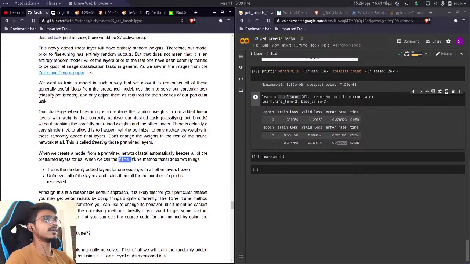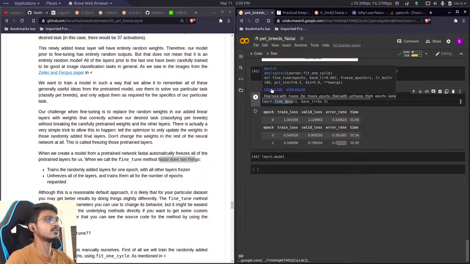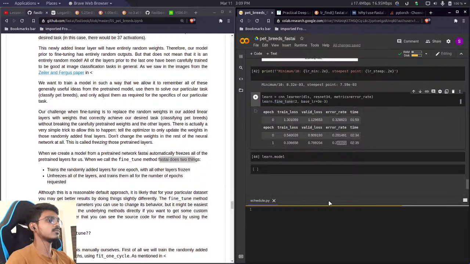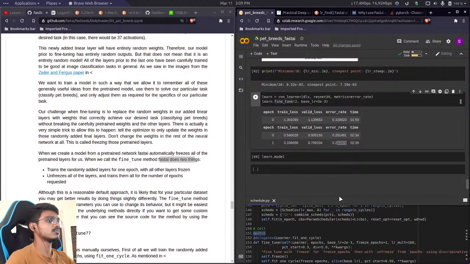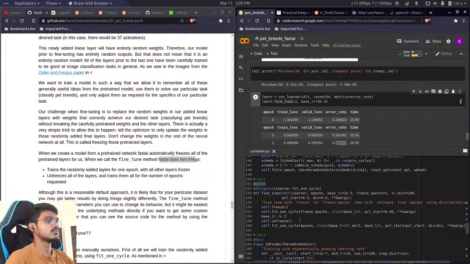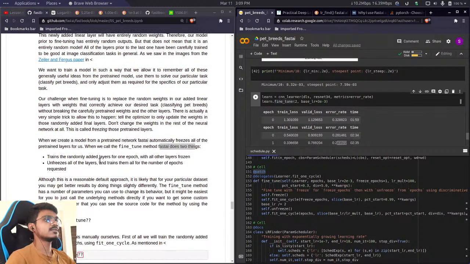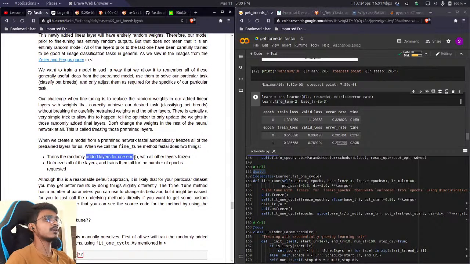When we call the fine-tune method, fastai does two things. Let's open up the source code for fine-tune. It trains the randomly added layer for one epoch with all other layers frozen.